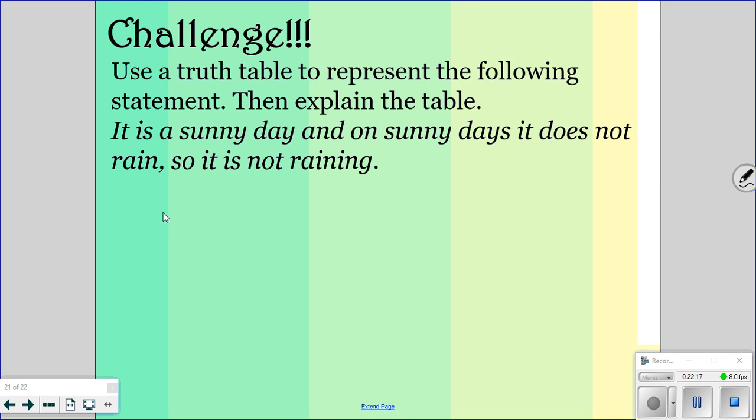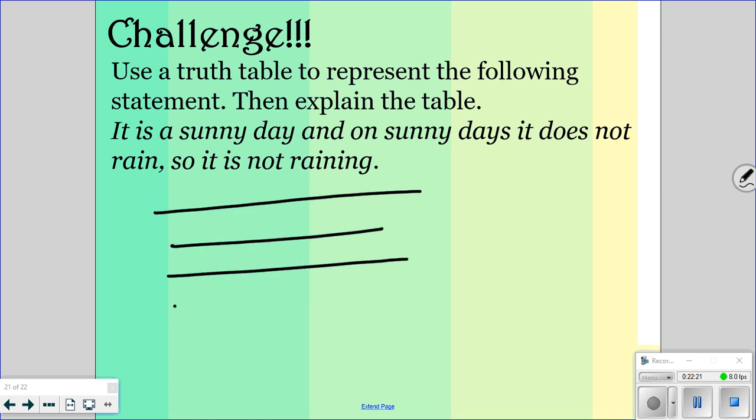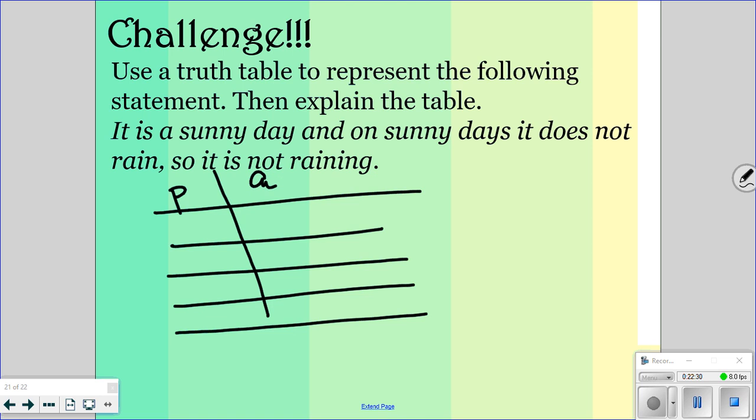So for this truth table, we're going to have our P and our Q. And then we're going to have our statement, P implies Q. So true, true, false, false. And then true, false, true, false.